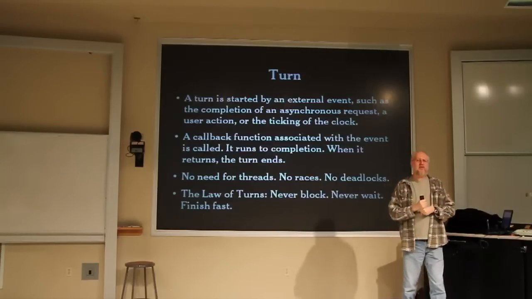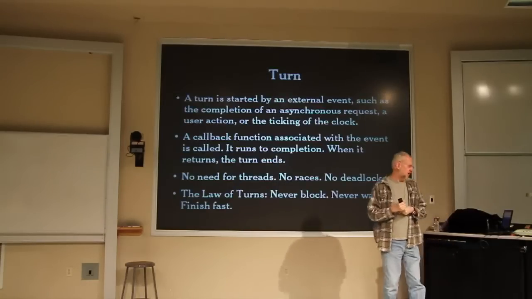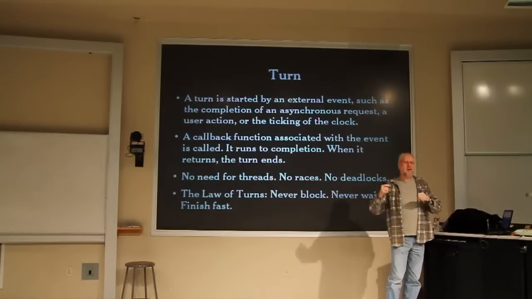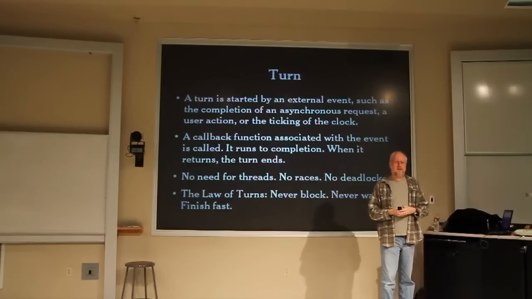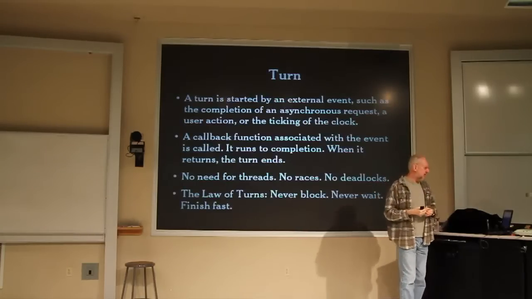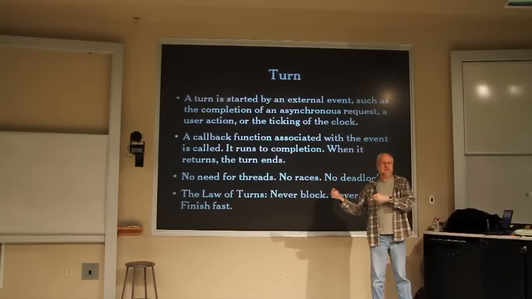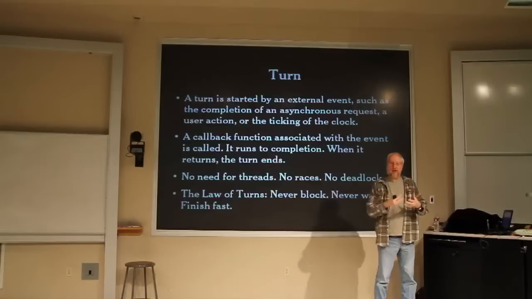When we write in the browser, we have a model of programming called turn-based computing. A turn is started by an external event like the clock or an incoming event or a user interaction, something like that, which will cause some function or callback that was associated with that event to be called.